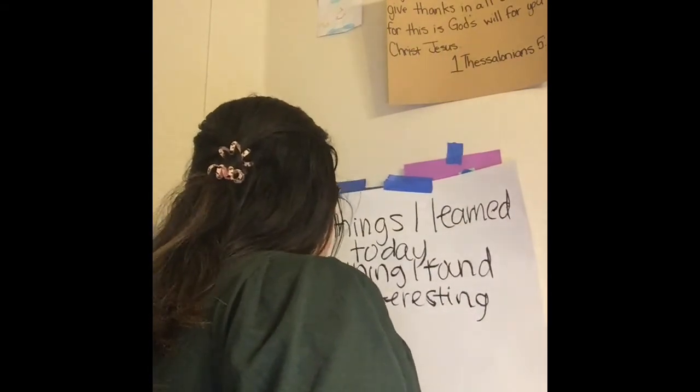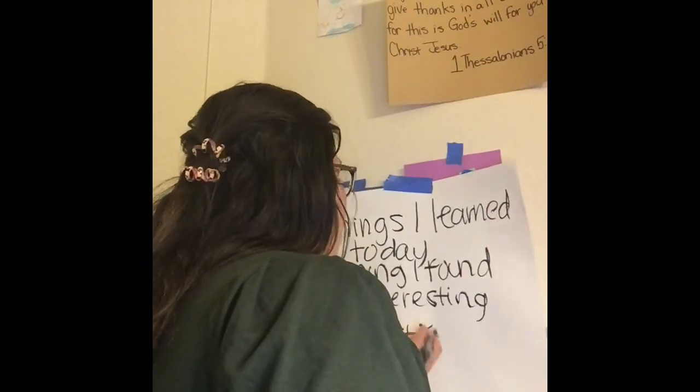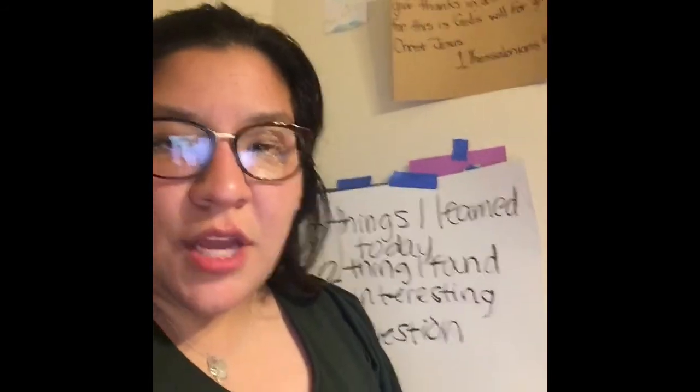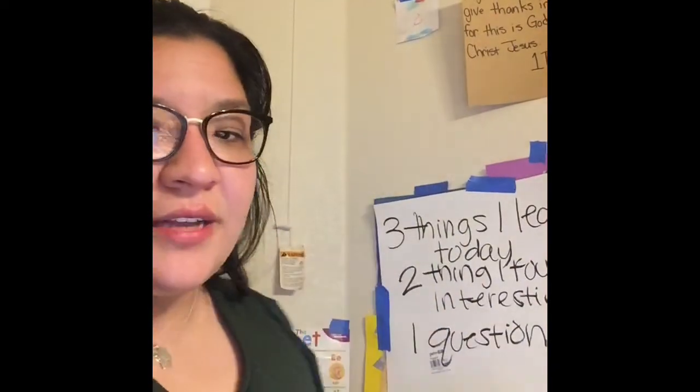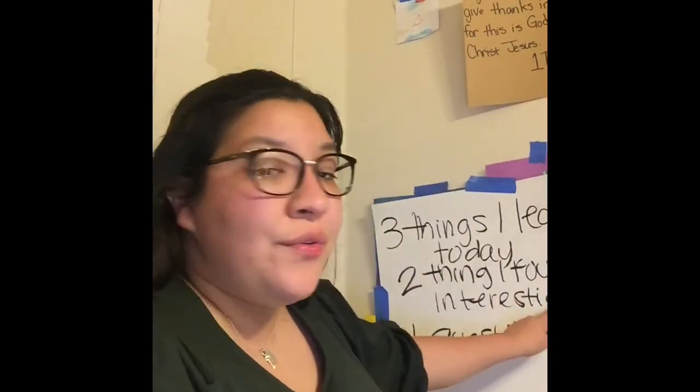So what's one thing you're still wondering? All right, I have that here on the board for us. It's going to be 3 things I learned today, 2 things I found interesting, and 1 question.